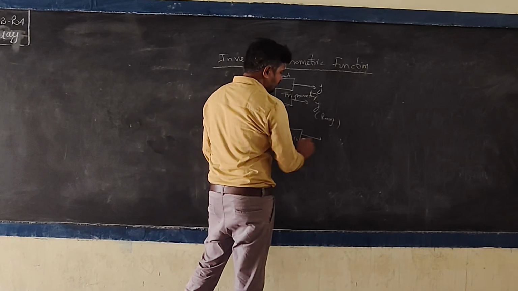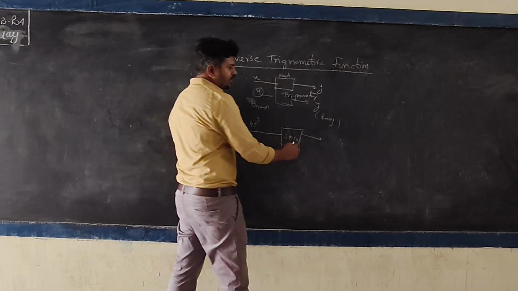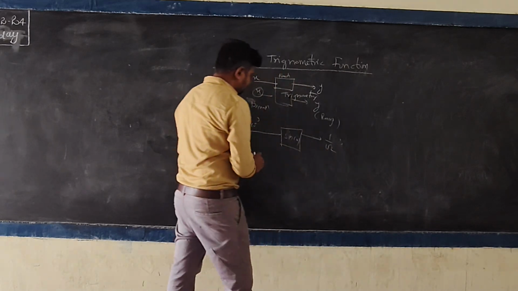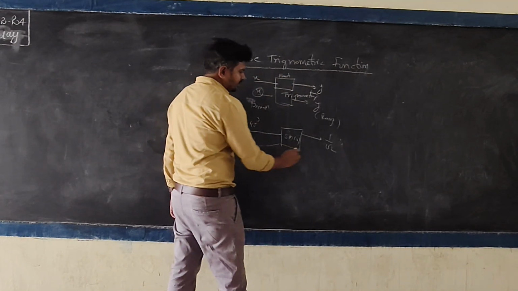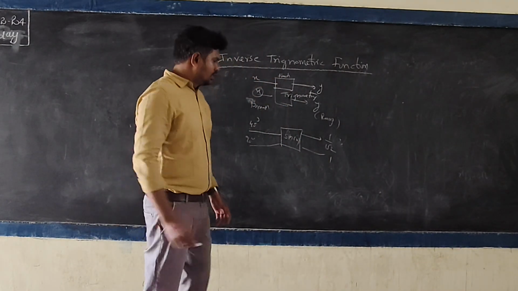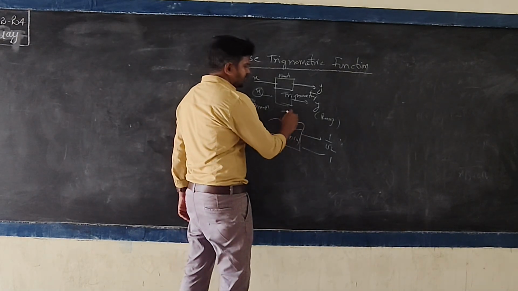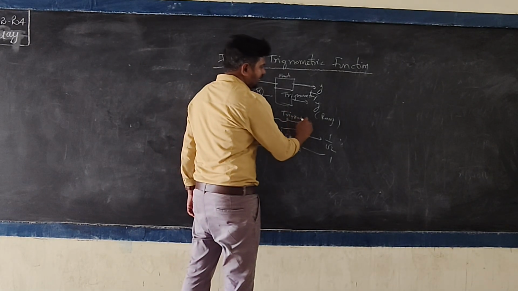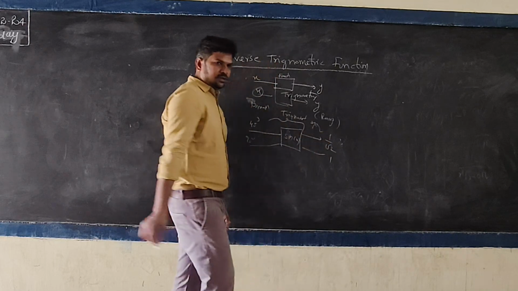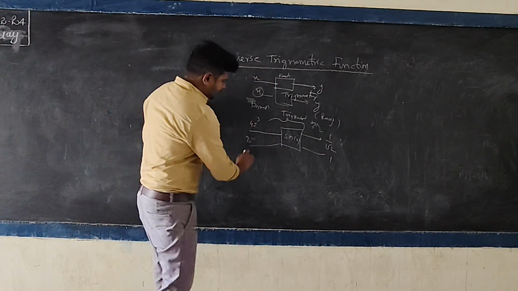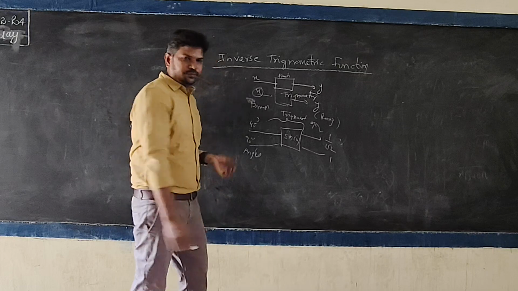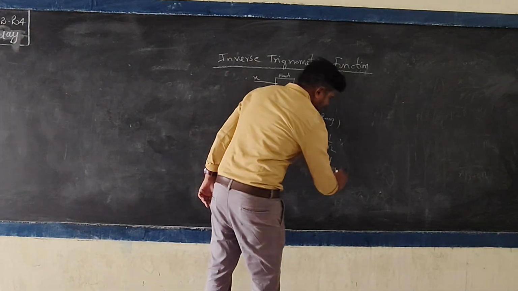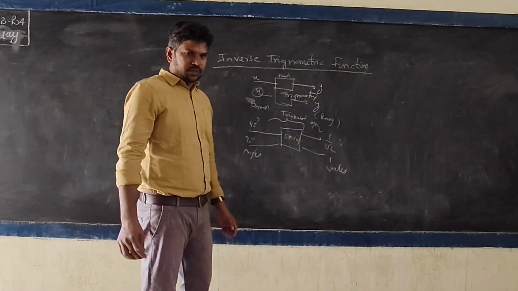When you give 45 degrees to sine, it is equal to 1 by root 2. If you give 90 degrees, the output is 1. This is the normal trigonometric operation, where angles are given as input and values are obtained as output.